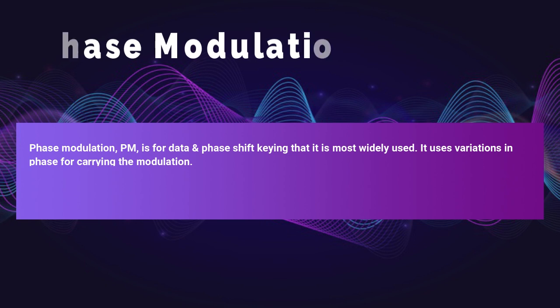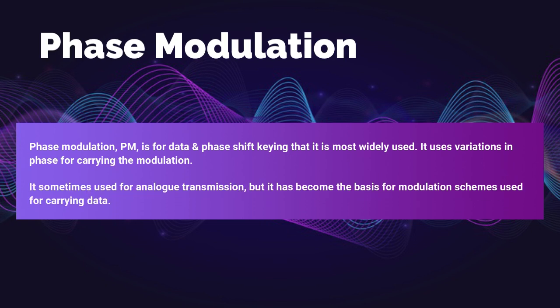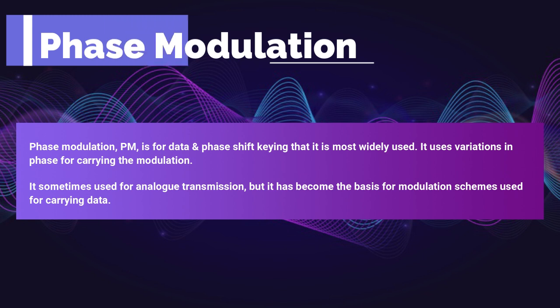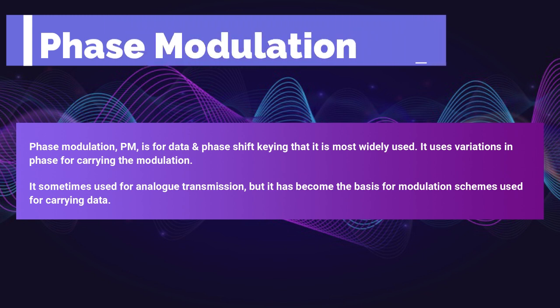Phase modulation or PM can be used for both analog and digital data, but it is for data and phase shift keying that is most widely used. It uses variation in phase for carrying the modulation. As phase and frequency are interrelated, this relationship carries forwards into phase modulation, where it has many commonalities with frequency modulation.